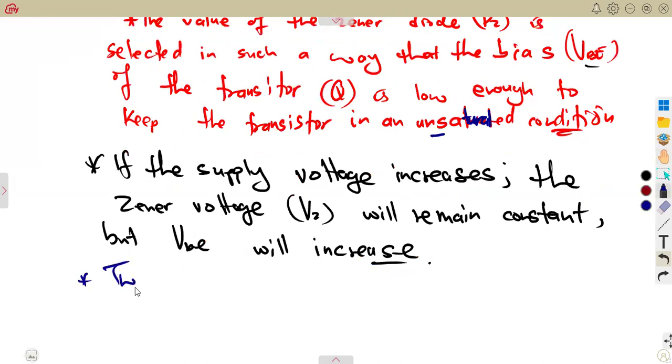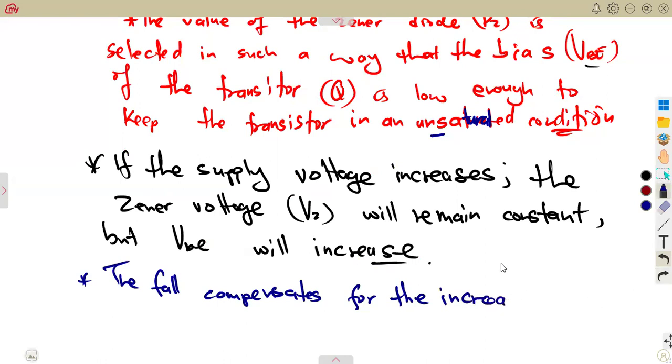So the increase in VBE compensates in this case for the increase in supply voltage.